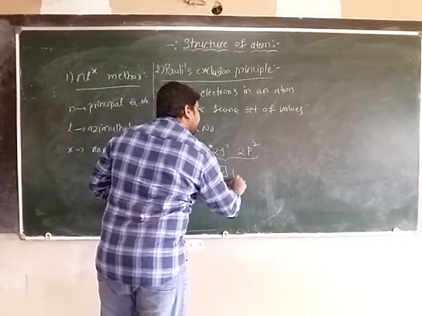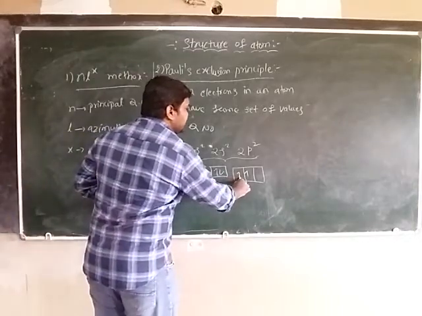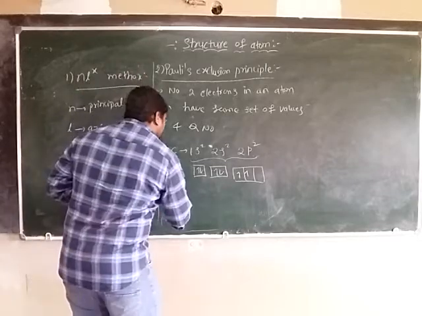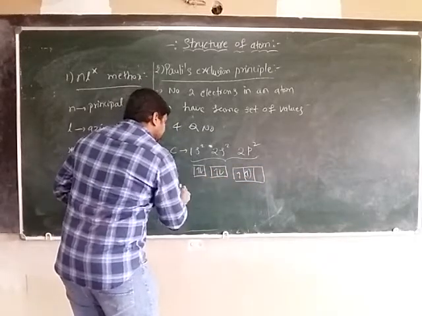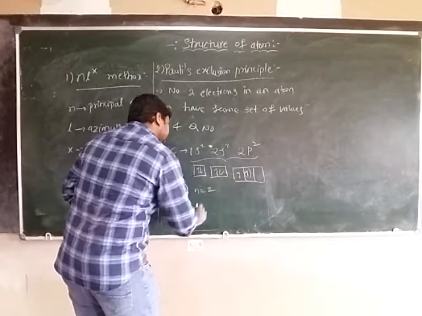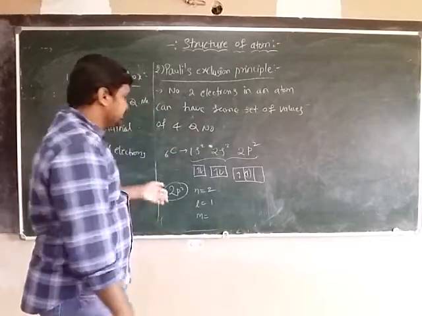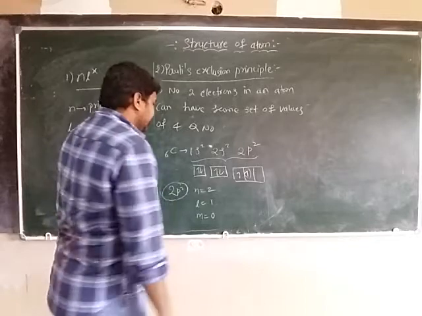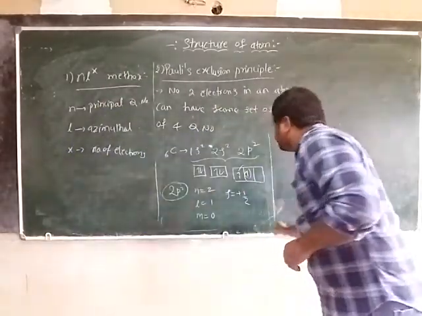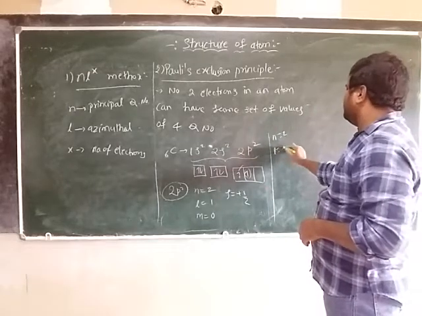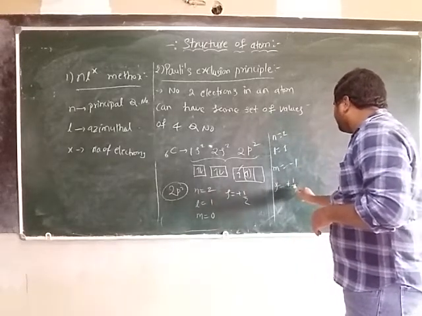Suppose I want to write the 4 quantum numbers for one of the 2p electrons: n value 2, l value 1, m value you can take 0, spin plus half. For another electron, n value 2, l value 1, m value -1, s value plus half.